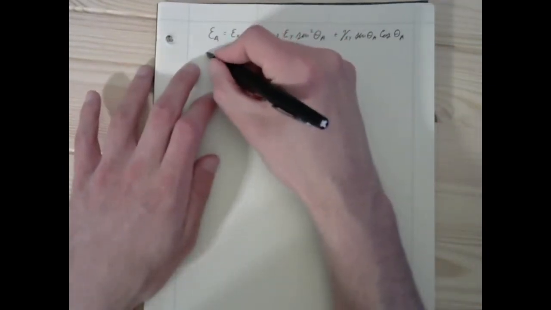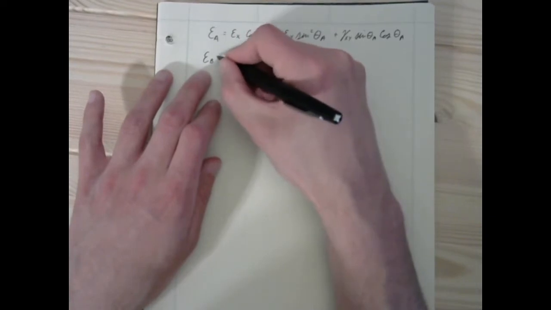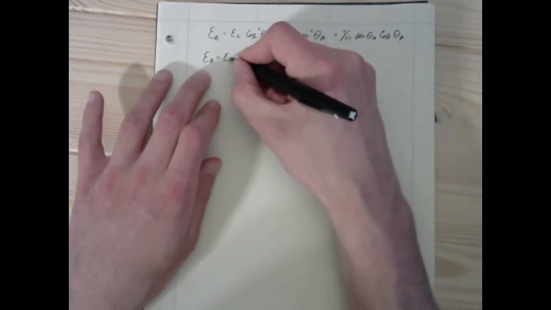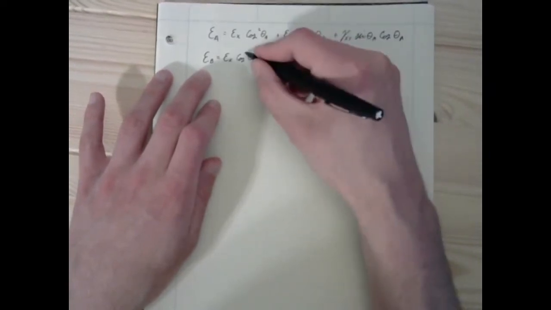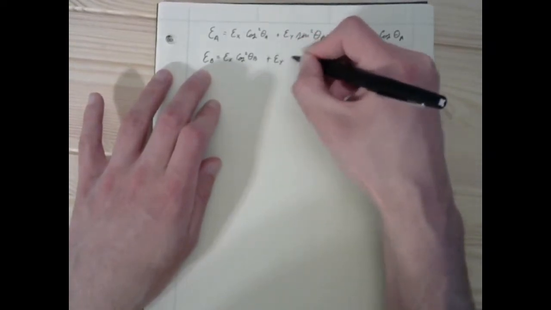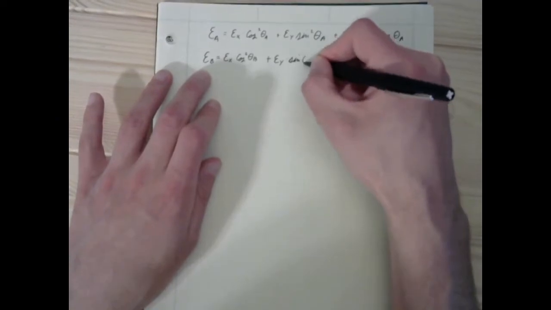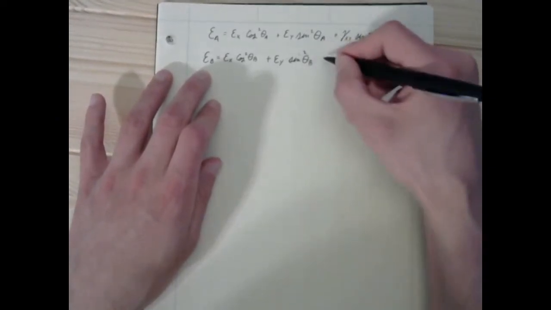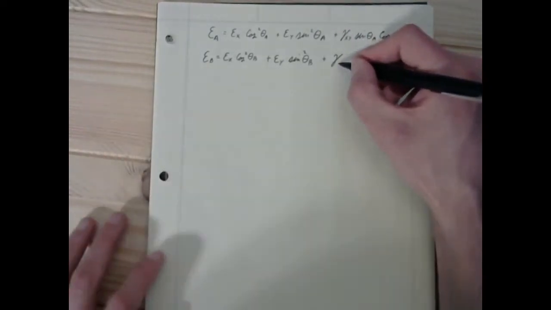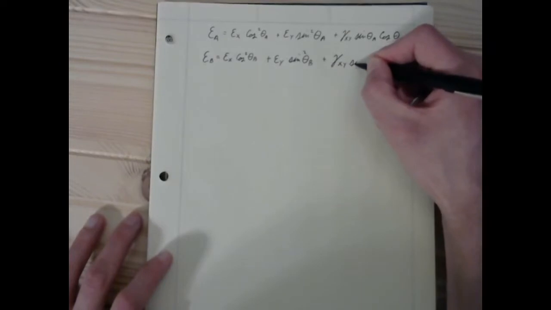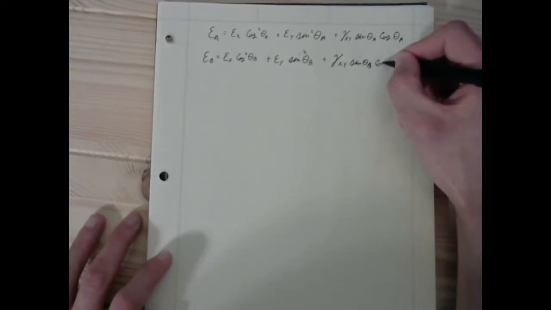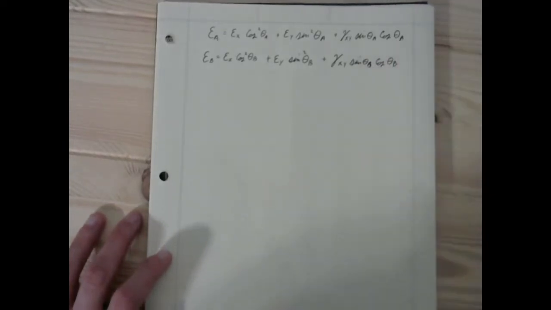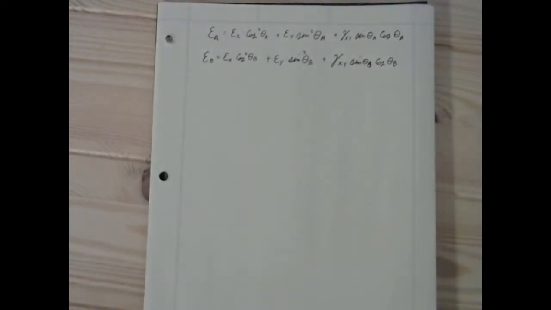Because we're also going to have the strain at B equal to the strain in the x direction times the cosine of the angle that B is at squared, plus the strain in the y direction times sine of the angle that B is at squared, plus the shear strain in the xy direction times the sine of the angle B is at times the cosine of that angle, and so on for C. So we'll have three simultaneous equations to solve if we want to use this approach.